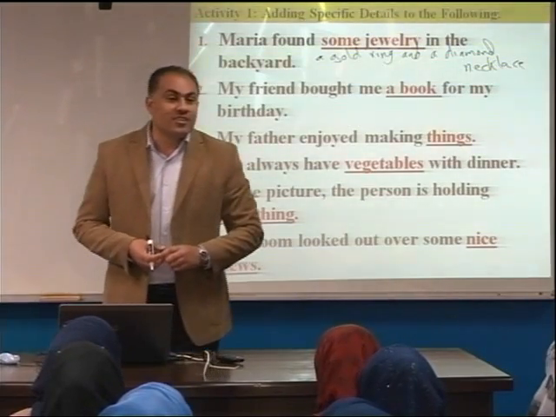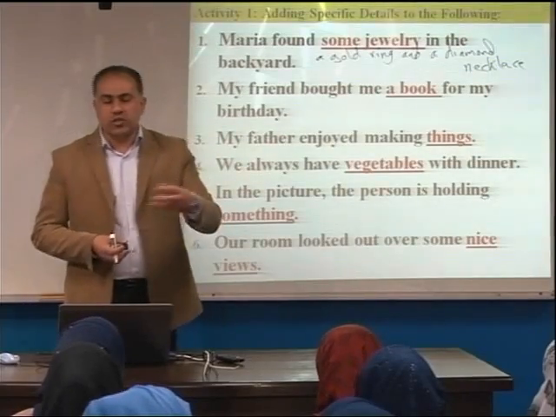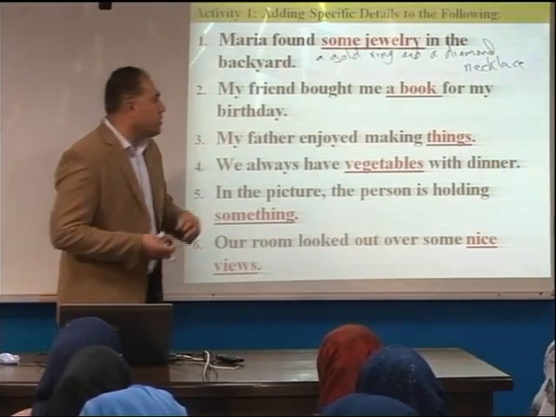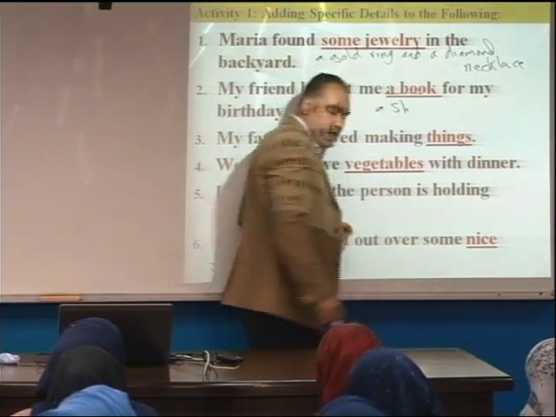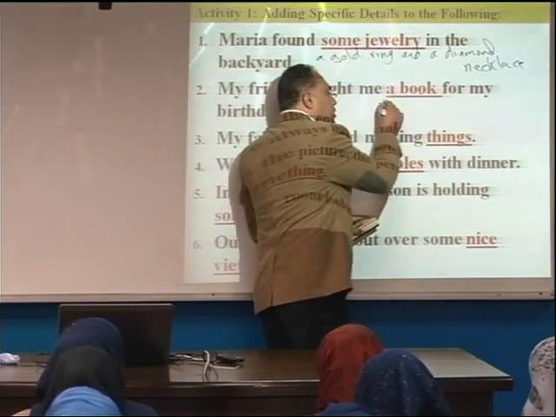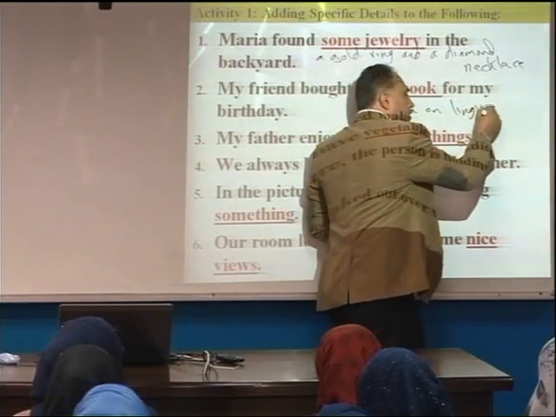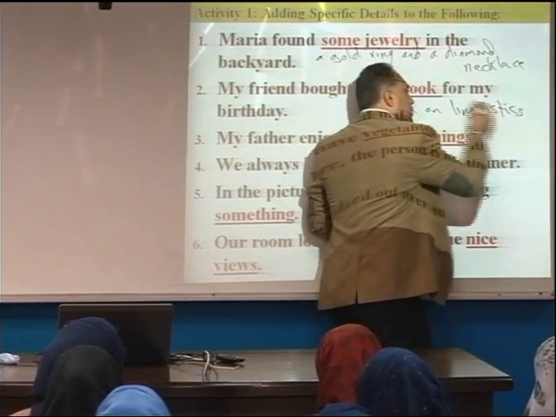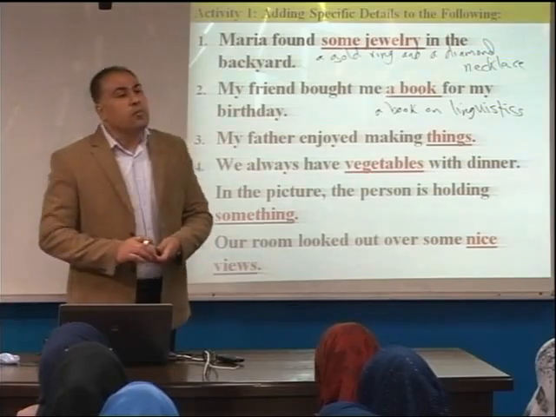A book of Shakespeare's novels. Okay. A collection of Shakespeare's writings or Shakespeare's plays, for example. Or you can say a book on linguistics, for example. My favorite. Okay. A book on linguistics for my birthday.